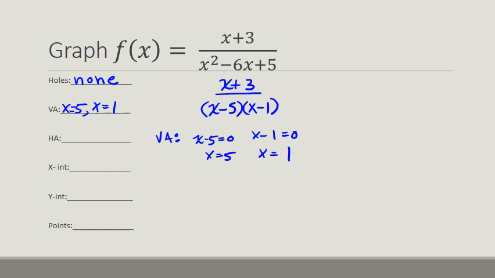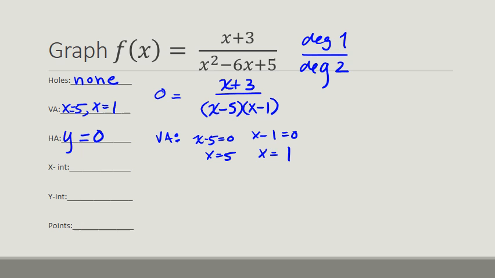My horizontal asymptote, the degree of my top is 1. The degree of the bottom is 2. So that means that my horizontal asymptote is y equals 0. It's the x-axis. To find my x-intercept, you would put 0 in for y and solve.